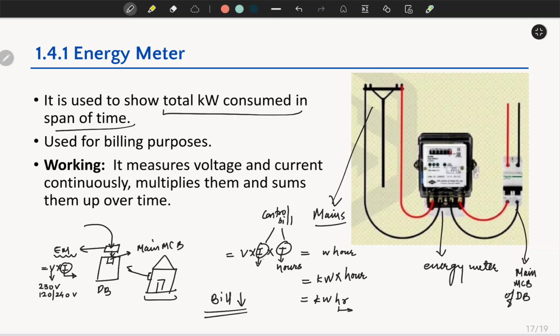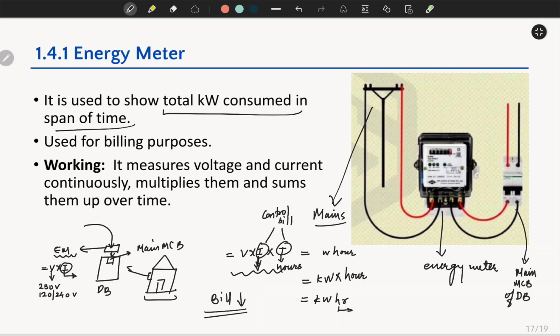This is why it is important to use energy efficient loads so that they draw less current, like energy efficient LEDs instead of conventional CFLs or conventional bulbs, or to reduce the time for which loads are operating, such as my air conditioner, my heater, or my water heater, so that my billing can reduce.